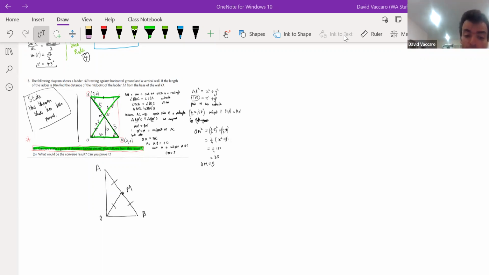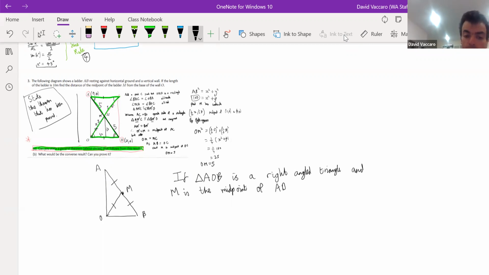So we've shown that if AOB is a right angle triangle, and M is the midpoint of AB, then these three points, A, O, and B, are all equidistant from M, so they lie on a circle with center M. Okay, so this is precisely what we've shown.